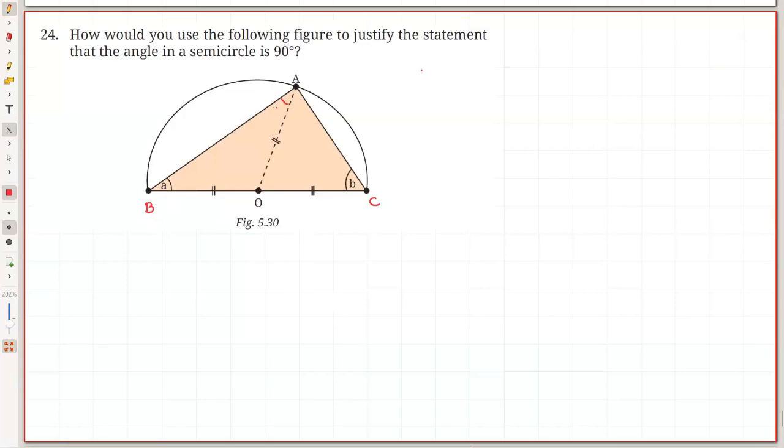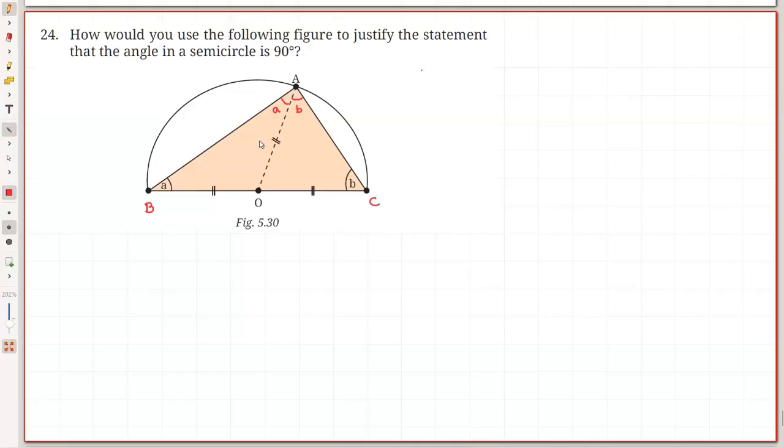This angle is A, and this is also angle A. In the other isosceles triangle, this is B, and this is also B. For proving this is 90 degrees, I have to take triangle ABC and use the angle sum property of a triangle. We get the proof.